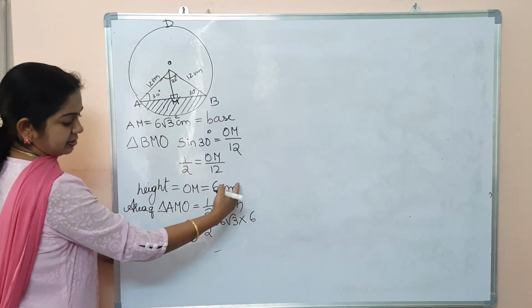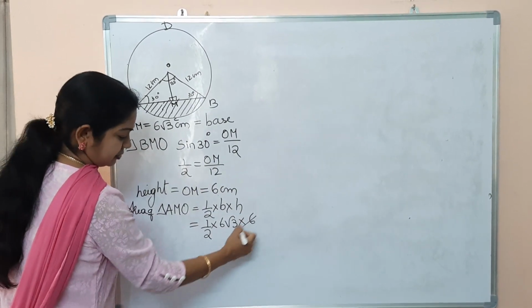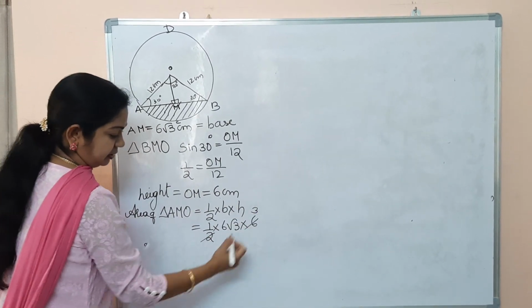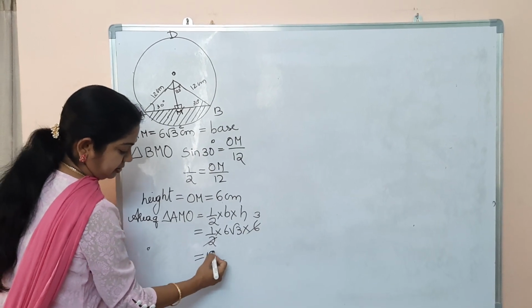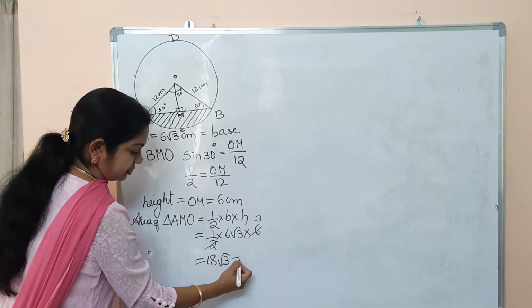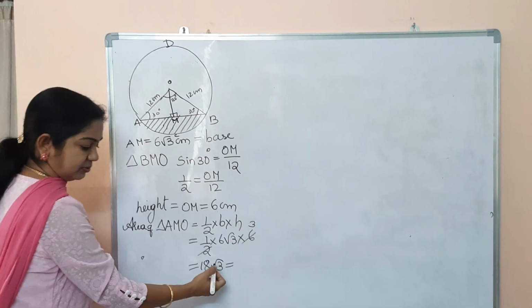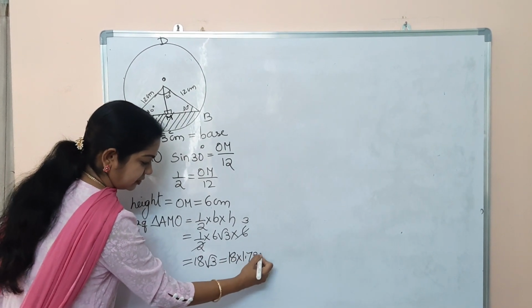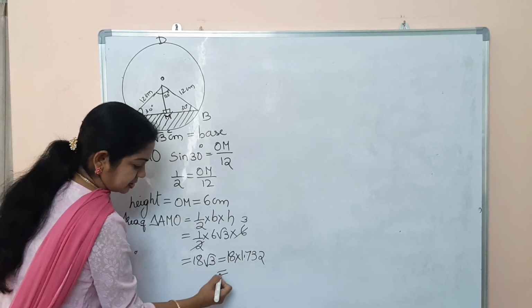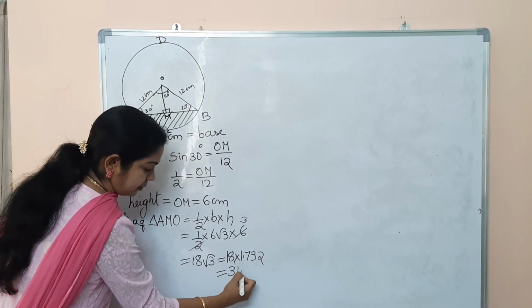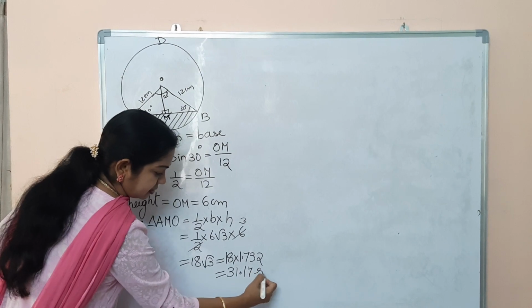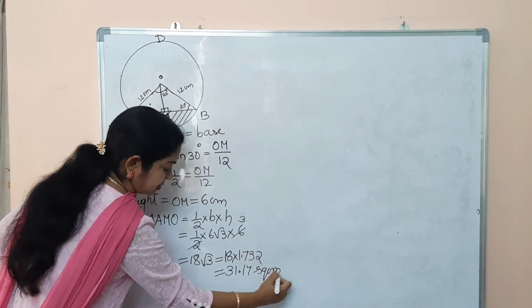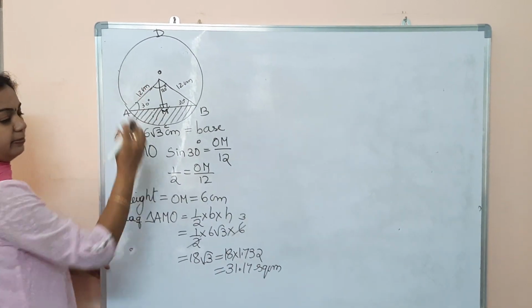This is the base, it's the height we found out. So 3, so 18 root 3. Also in the question, root 3 value is given, 18 into 1.732. This comes up to 31.17 square centimeters. This is the area of the triangle AMO.